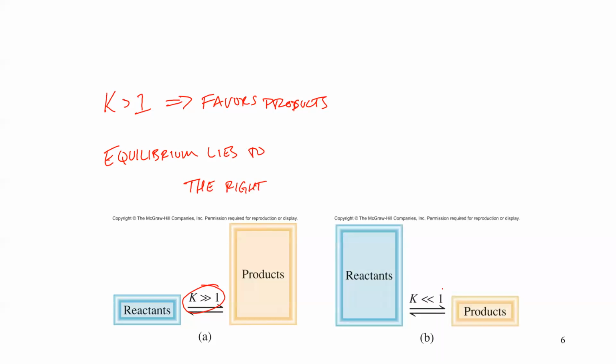If the opposite is true, K is much less than 1, that means little product, lots of reactants. And so for K less than 1, we're going to favor reactants, and we're going to say that the equilibrium lies to the left.